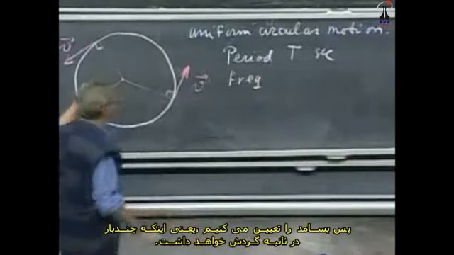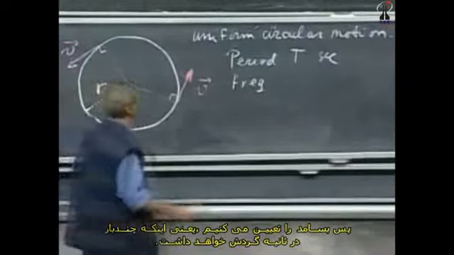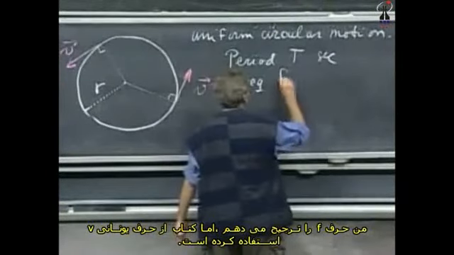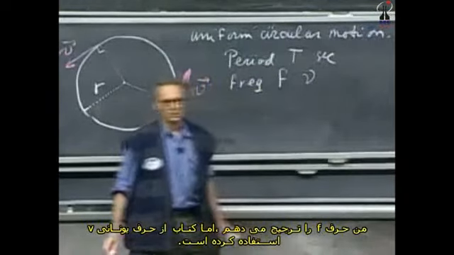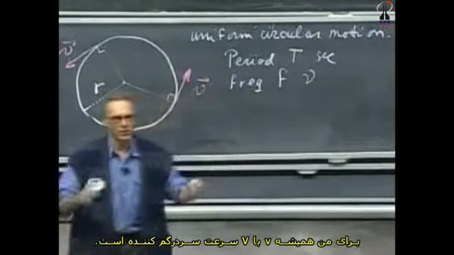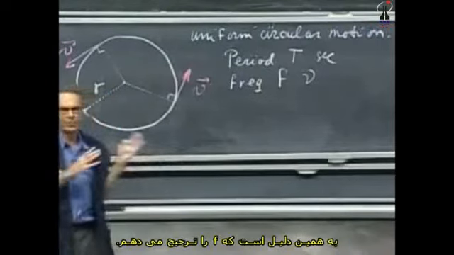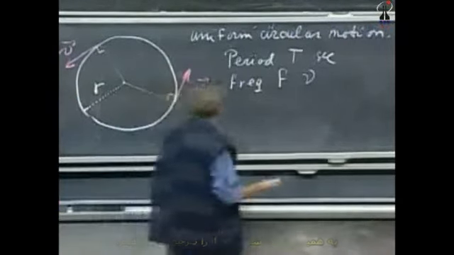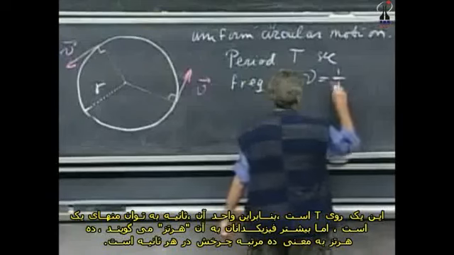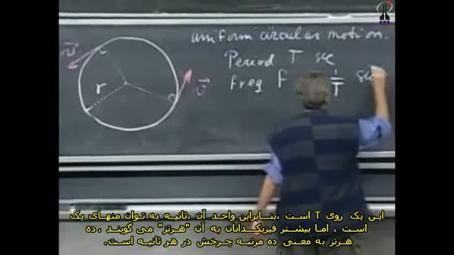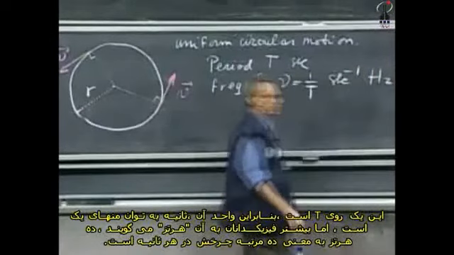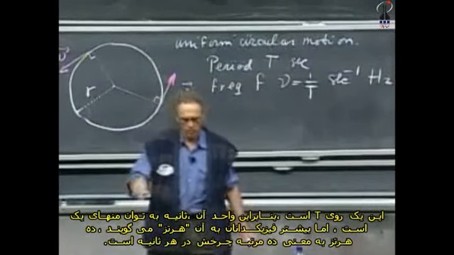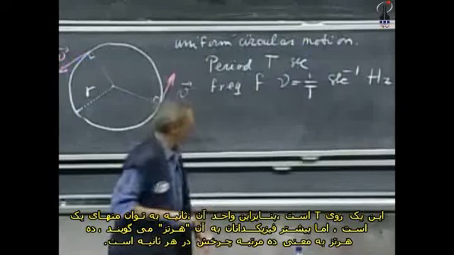That is how many times it goes around per second. I prefer the letter f, but our book uses the Greek letter nu. I find the nu often very confusing with the v of velocity, and that's why I prefer the f. It is 1 over T, and so the units are second to the minus 1, but most physicists would call that hertz. 10 hertz means you go 10 times around per second.